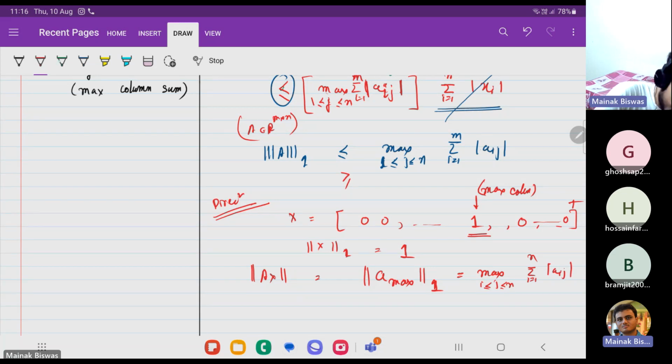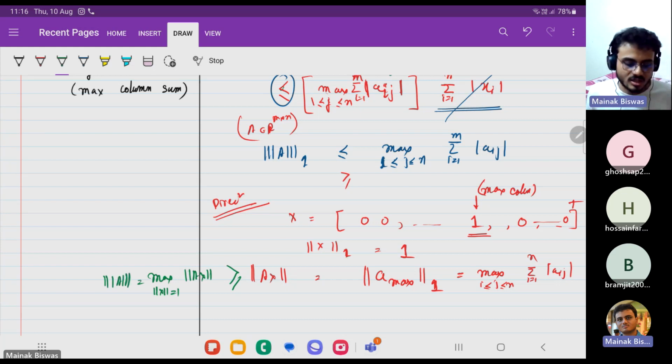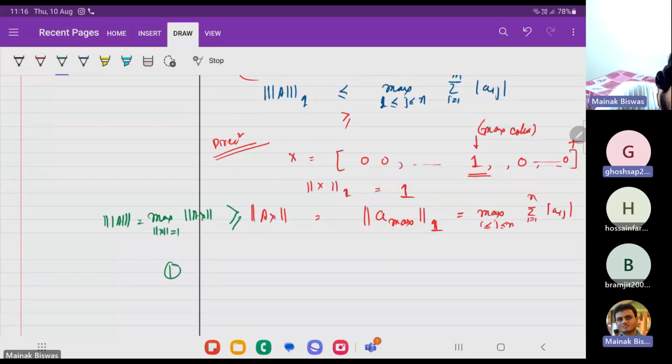So do you see that this is less than or equal to the max over norm of x equal to 1 of the norm of Ax, which is equal to the norm of A. Have I shown both the directions? Yes. The summation, i equal to 1 to n or m? m, sorry, very good.